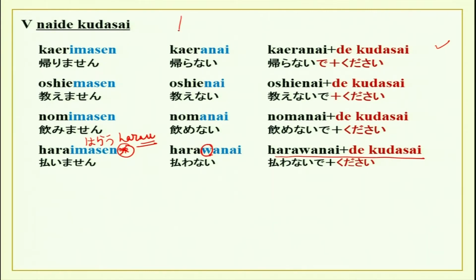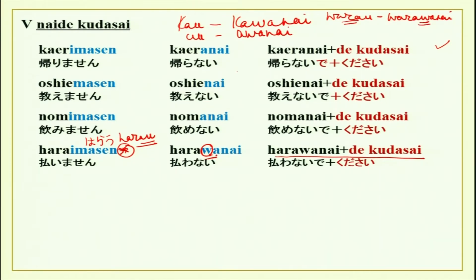You can see it in kau, kawanai, au, awanai, warau, warawanai. So, all the time with 2 vowels you will see wa is going to be there.